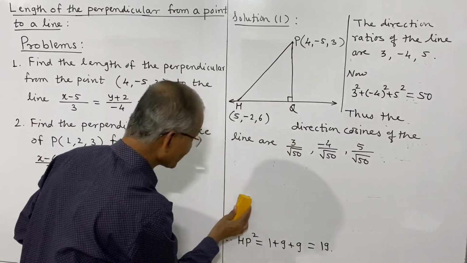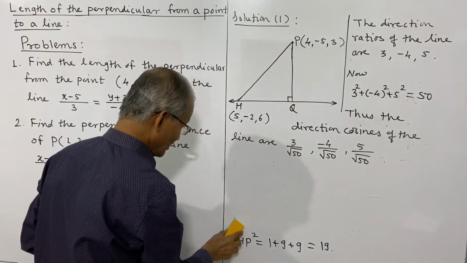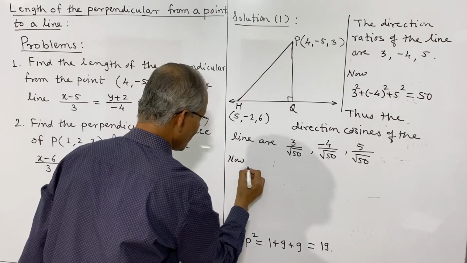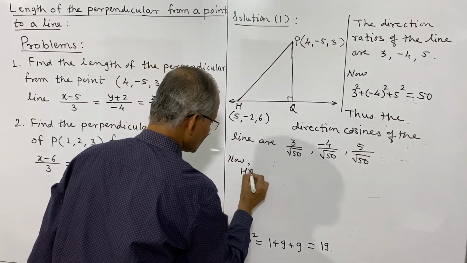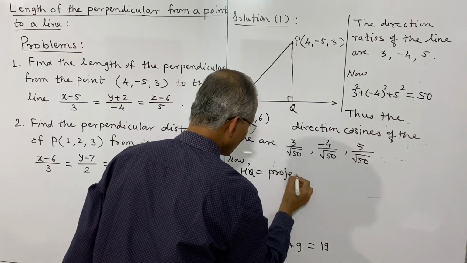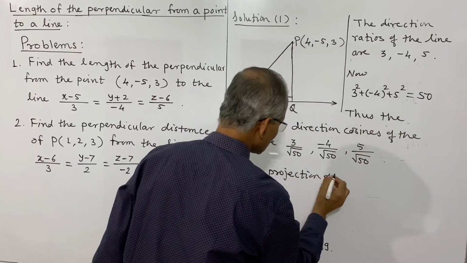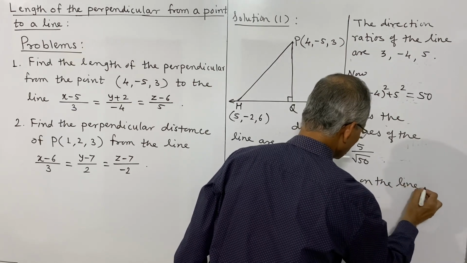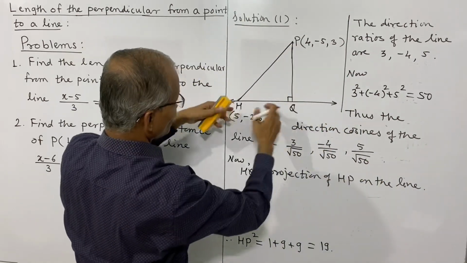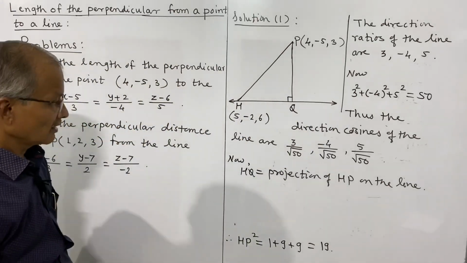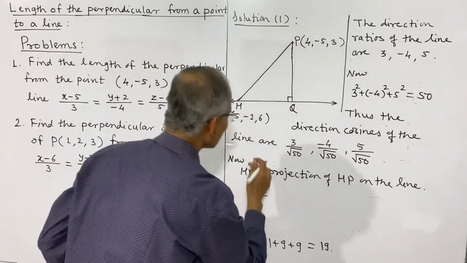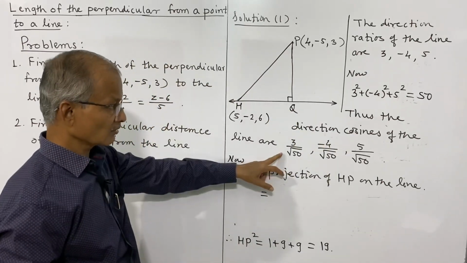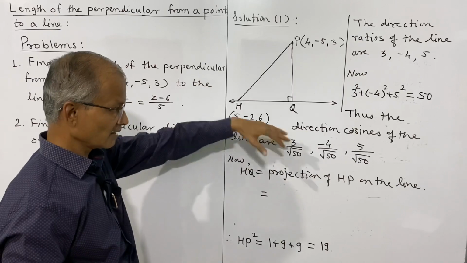HP square we have obtained as 19. Now HQ is equal to the projection of HP on the line. The projection of HP on the line is HQ, and the result is the differences of the coordinates multiplied by the respective direction cosines, and their sum.